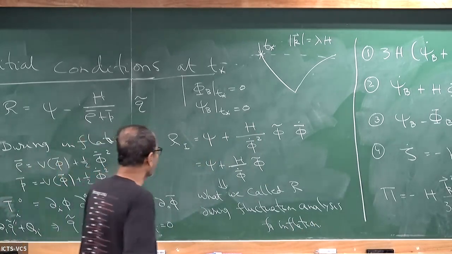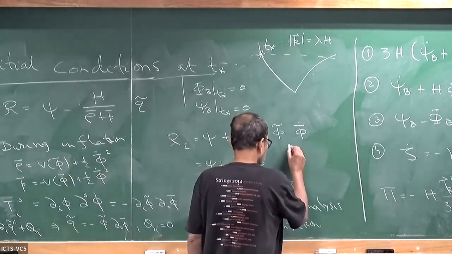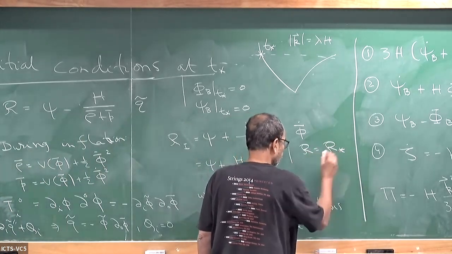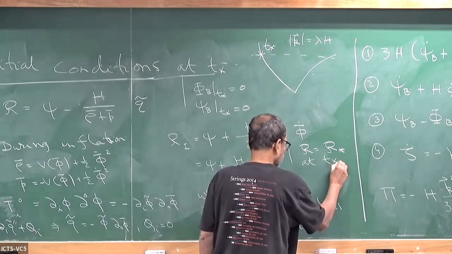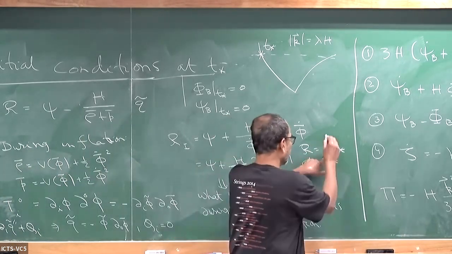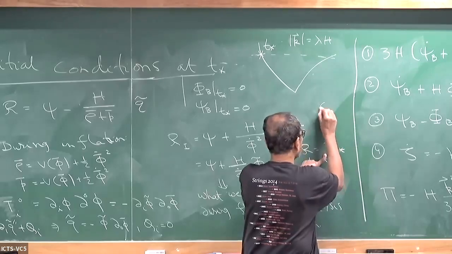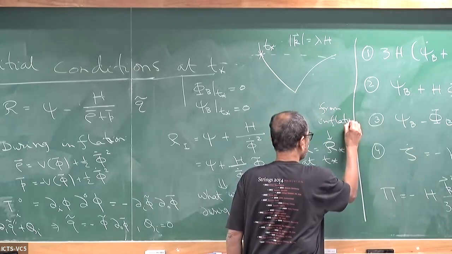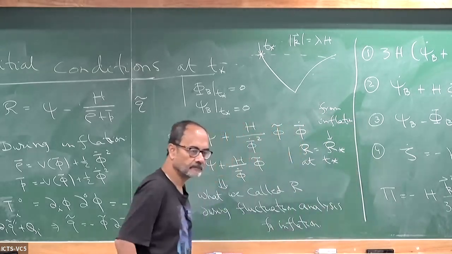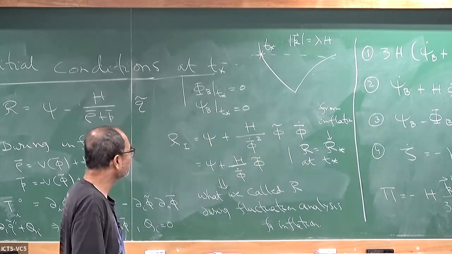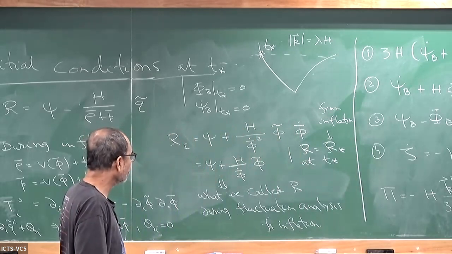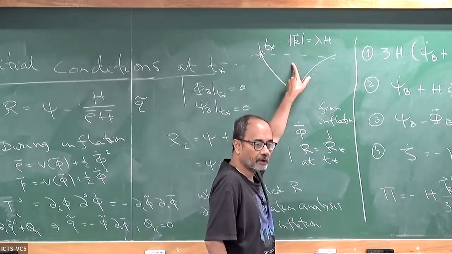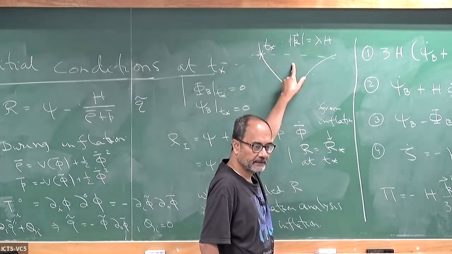So we say that R equals R star at T star. This is the one calculated from inflation. Why are we doing it at T star? I thought we want to evolve after the point where inflation has ended. Yeah, but during this part, as I said, R remains constant anyway from the equation of motion.